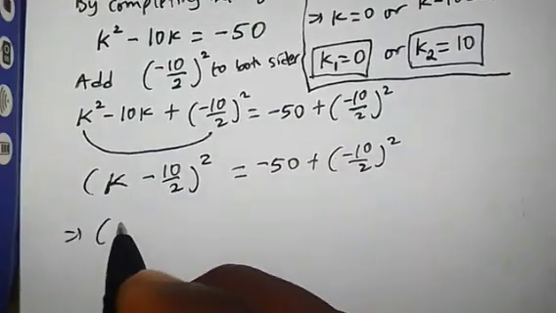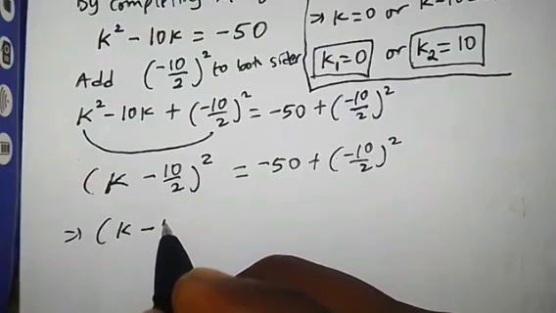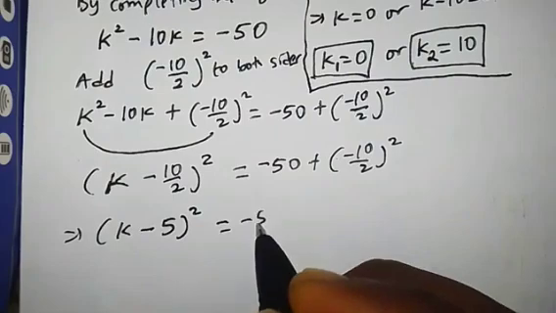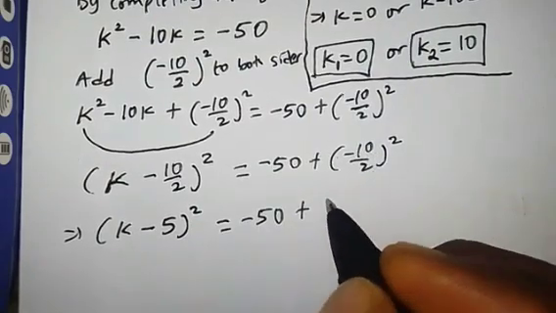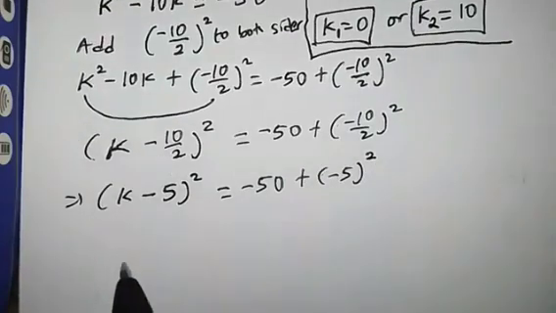This means that (k minus 10 divided by 2, that is 5) all squared equals minus 50 plus (minus 10 divided by 2, that is minus 5 also) all squared.